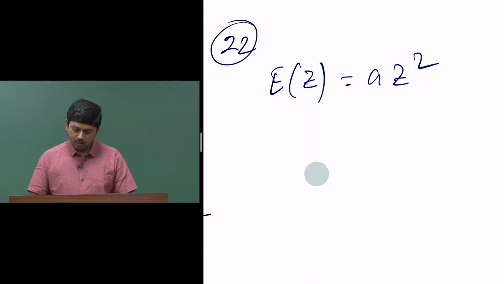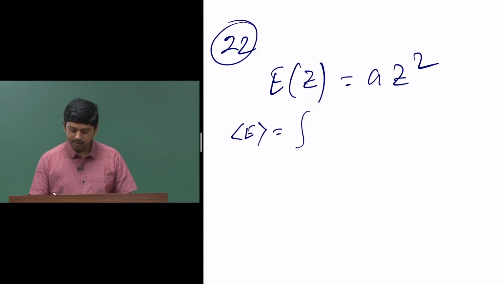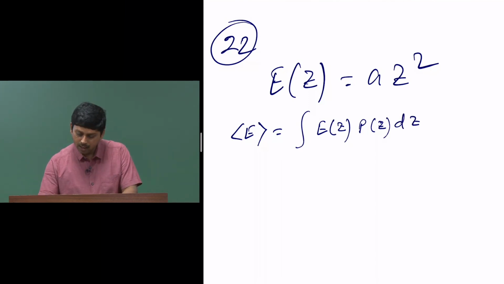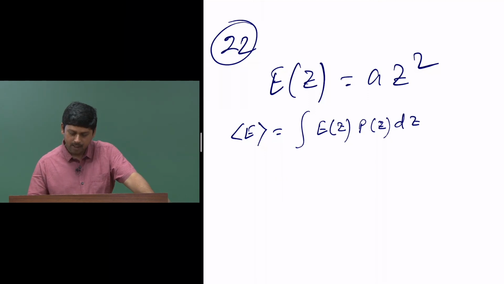You know that in order to calculate the average energy of a system, we have to write the energy E z and the probability P z, and dz. That is what we have to do.